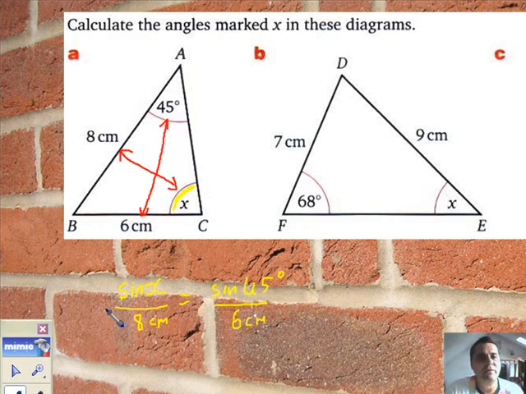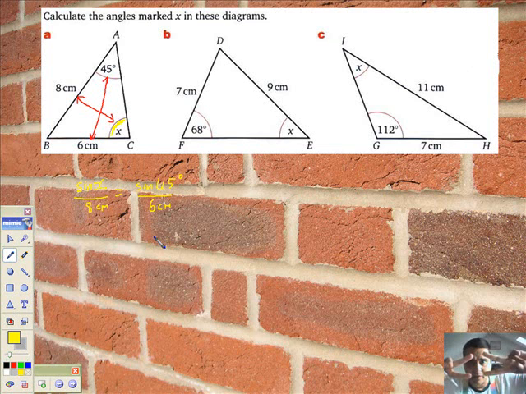Instead of going length over sine angle equals length over sine angle, we're saying sine angle over length equals sine of the angle over its length. So we're taking these two fractions and flipping them over, and they'll still be equivalent. It makes sense.